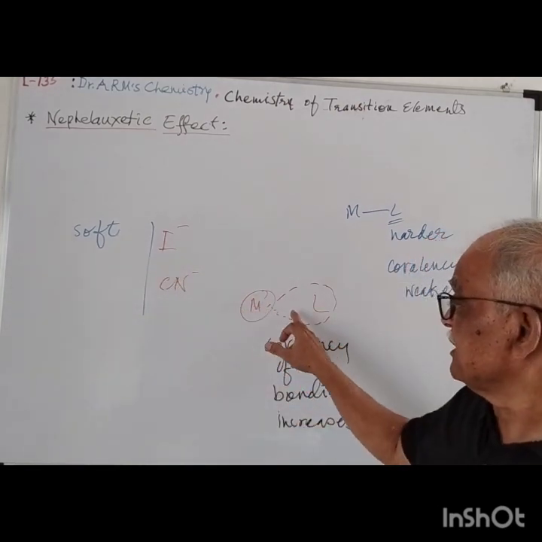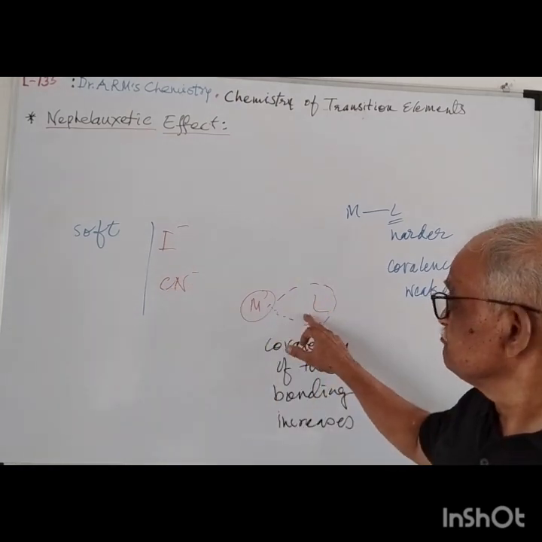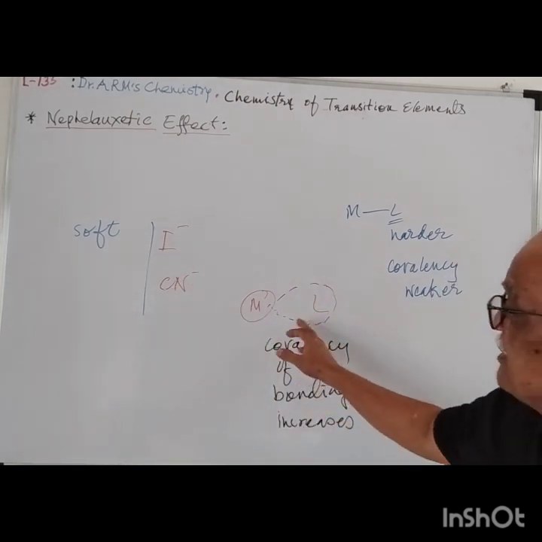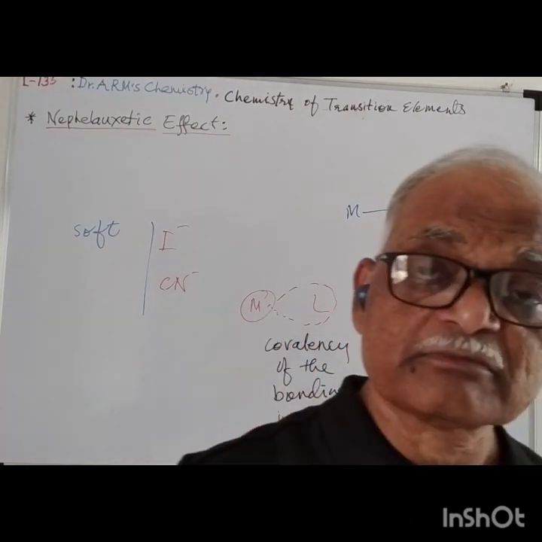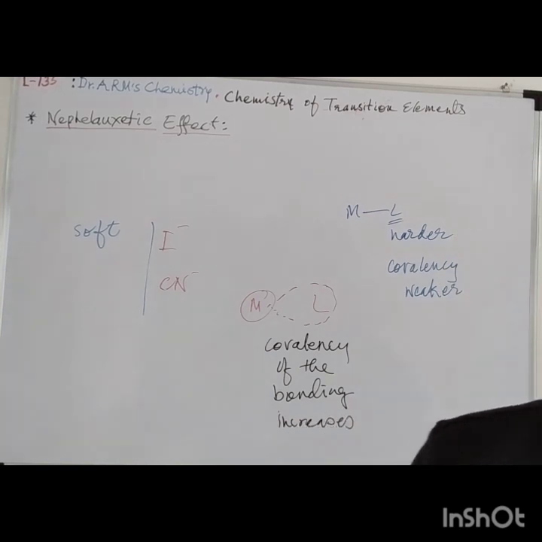In CN minus, the carbon has antibonding pi orbitals, and the metal ion also has pi symmetry orbitals, and therefore the pi bonds are easily formed.